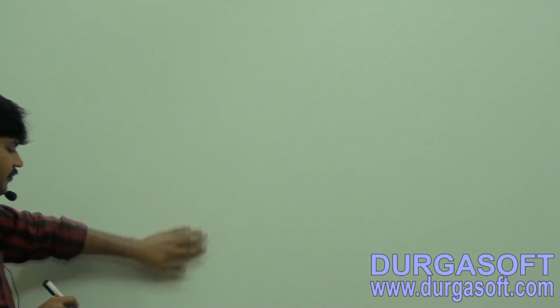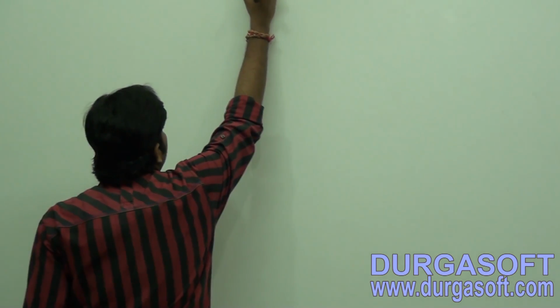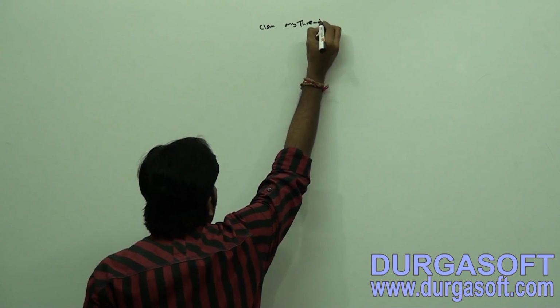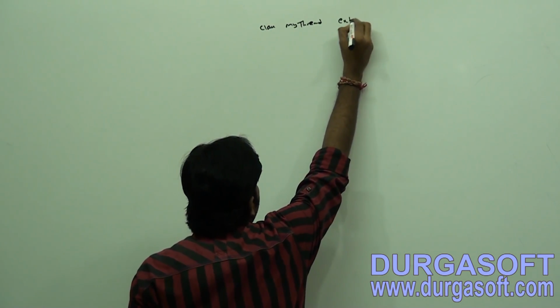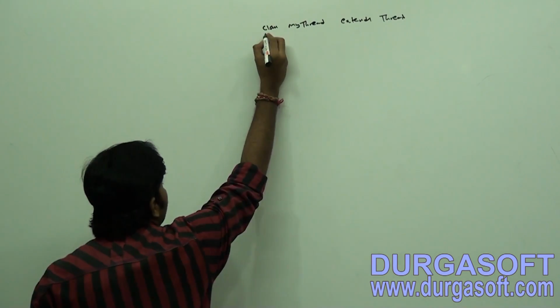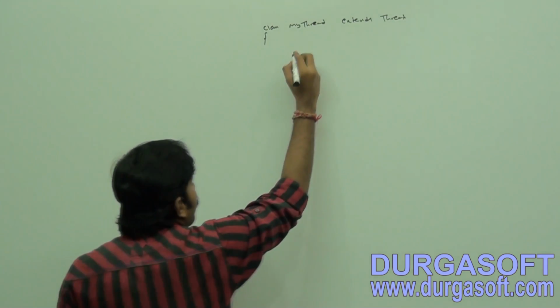Okay, now listen to this example well. This is the last example related to Daemon. Class MyThread extends Thread.